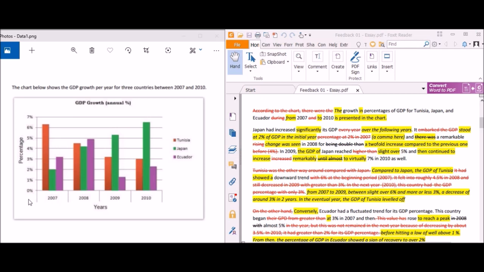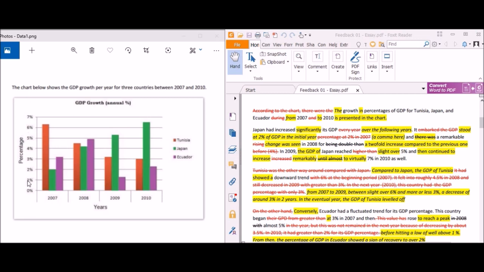And this side represents the percentage. You can try to bold it, percentage. And then this side, the x coordinate, is for the year. So first, before you try to write something about a data report, you need to understand the chart first.